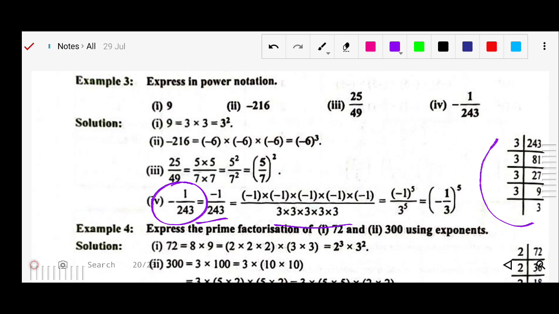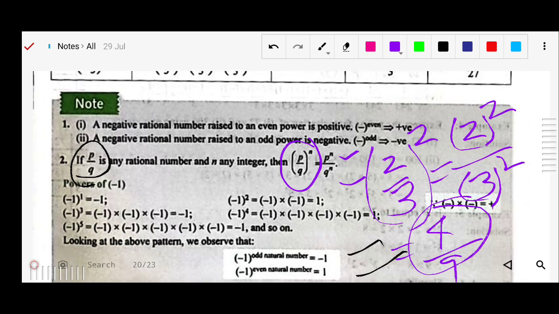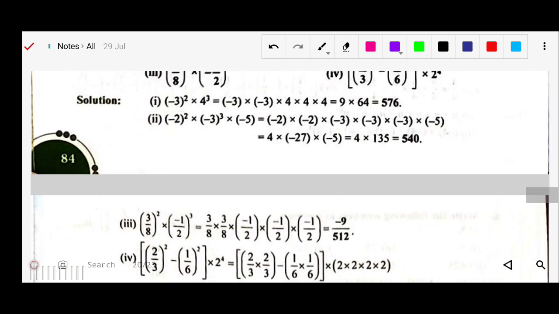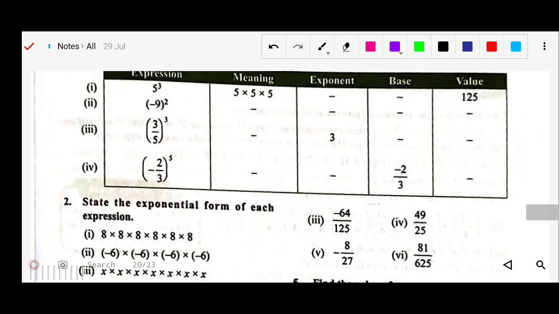So this 5 times 3 means 3 to the power 5, and the negative 1 can also be written 5 times, because if you write an odd power, you get the same negative number. And separately we have negative 1 to the power 5 in the numerator and 3 to the power 5 in the denominator. So now combined we can write, just as we have seen this rule, the reverse of this. So likewise there are some examples of this, so go through it.